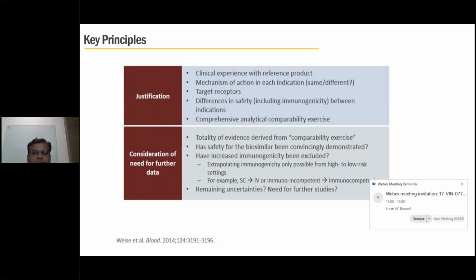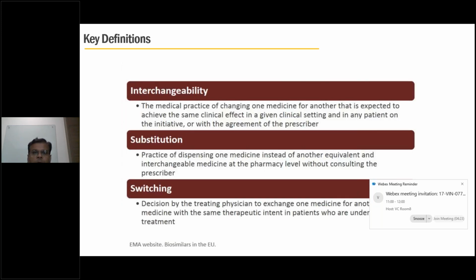Apart from that, there are also cases with respect to interchangeability. Say, for example, you already have taken a drug from company A, and the same biosimilar, can it be used interchangeably?